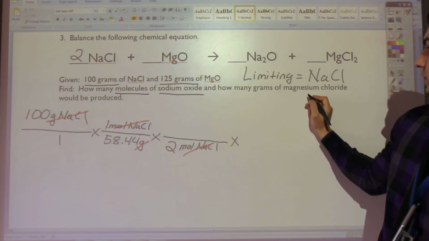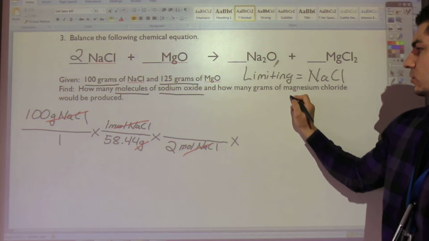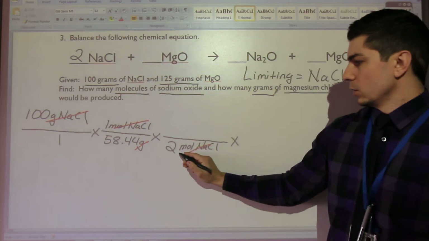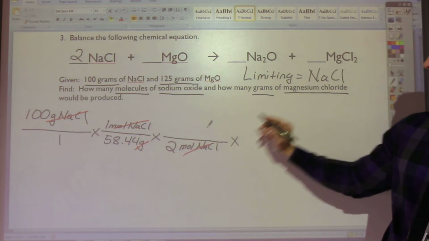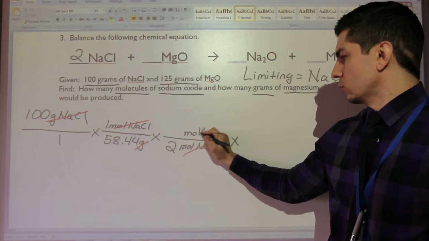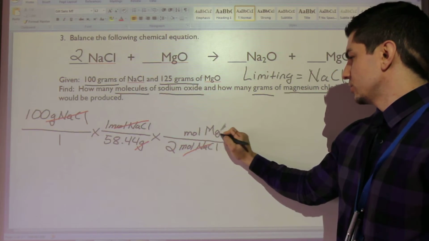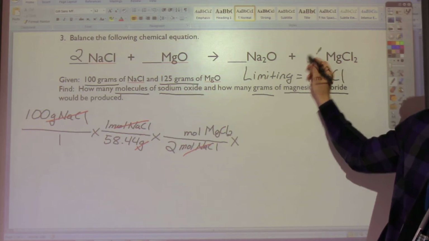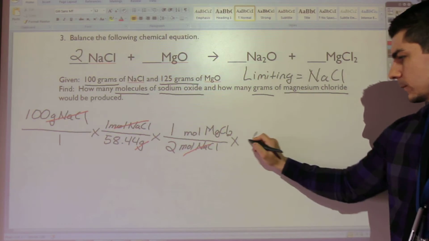Now what we're going to do is we are no longer going to Na2O, it's now asking for grams of magnesium chloride. So what compound are we trying to get to? It's going to be moles of MgCl2. There's our mole ratio. What is in front of MgCl2? It's going to be a 1.